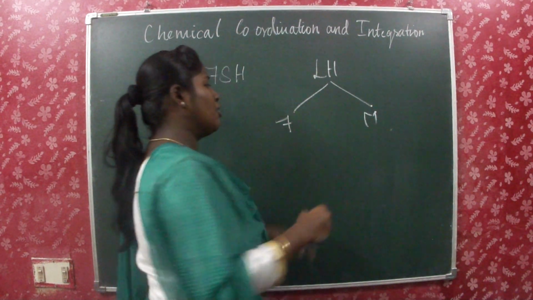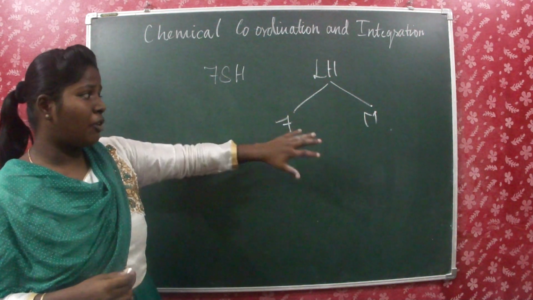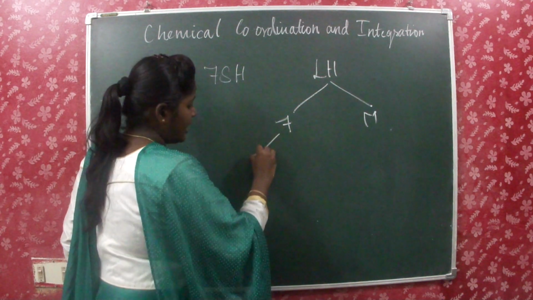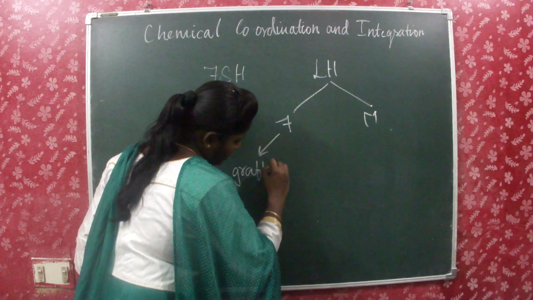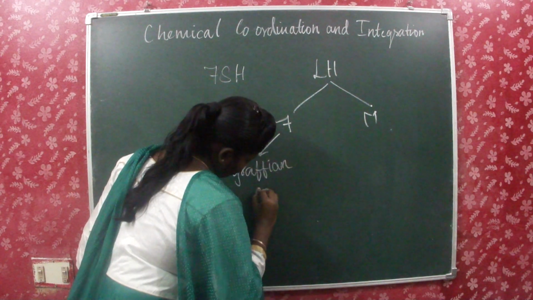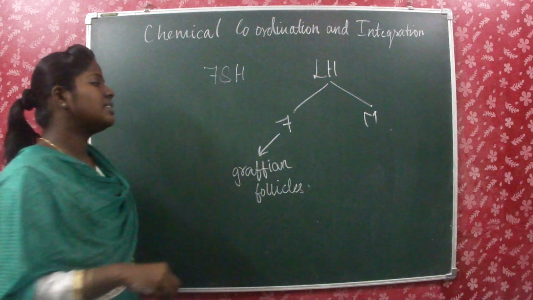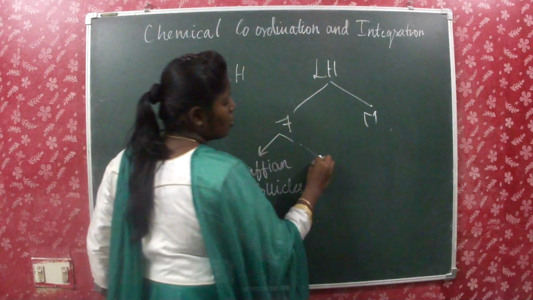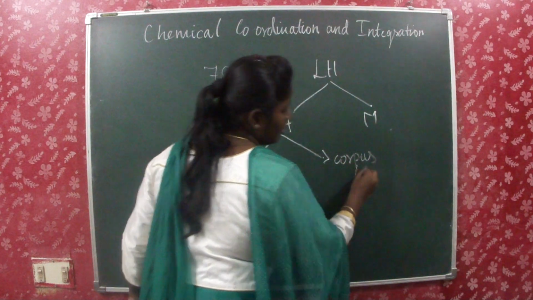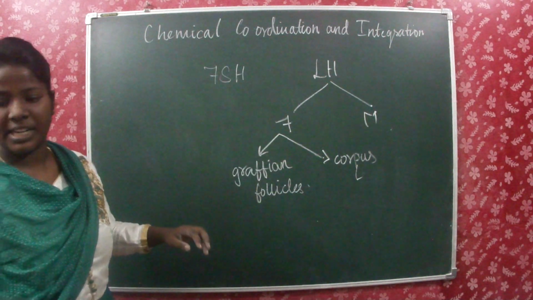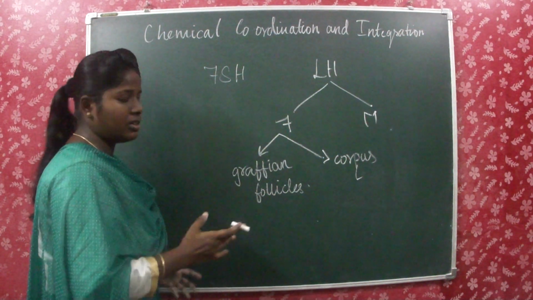For females, the ovulation of the ovarian follicles, the Graafian follicles, is stimulated by this, and it also leads to the formation of corpus luteum.